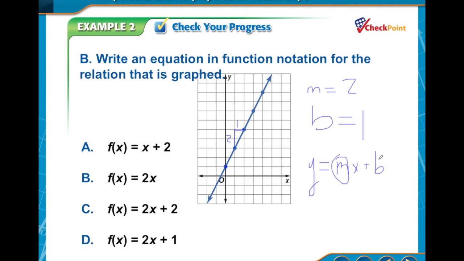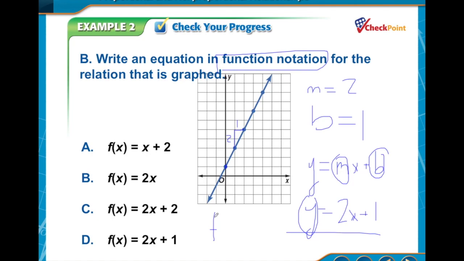M and b we just found, so we can substitute those in. So y equals 2x plus 1. Now they asked us to change it to function notation. So with one last step, just change the y to an f of x. And f of x equals 2x plus 1.